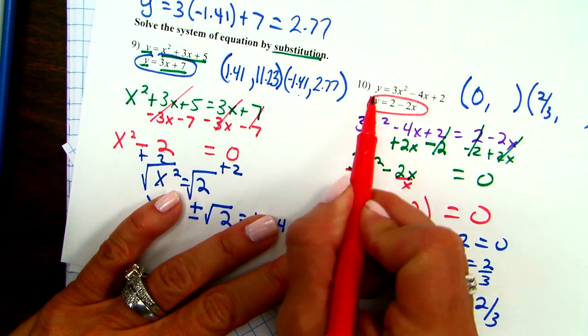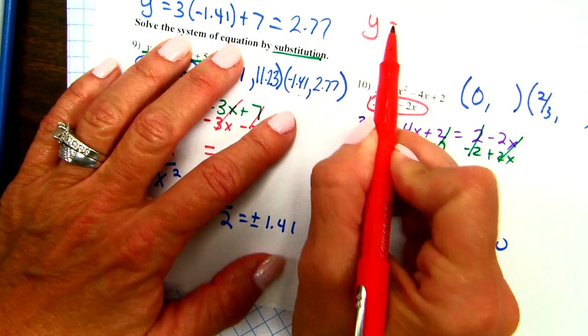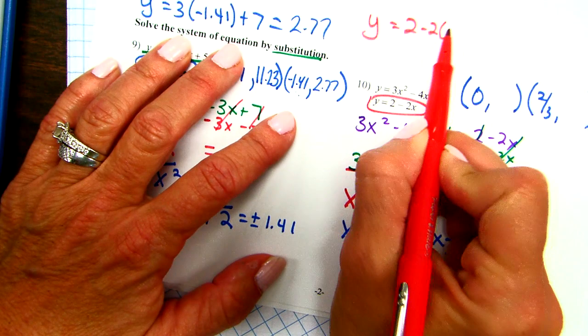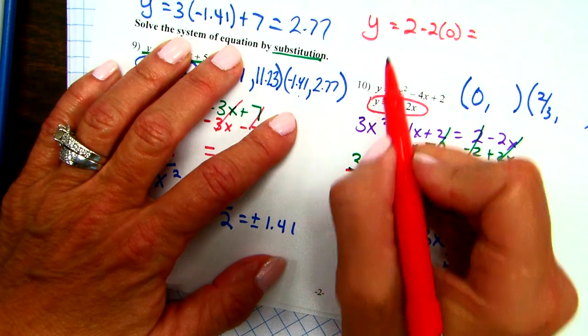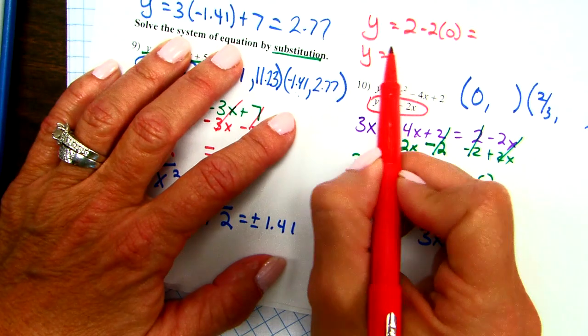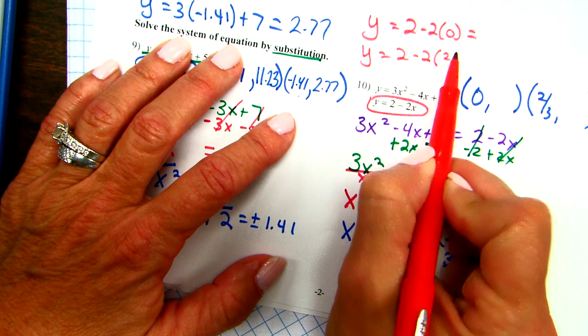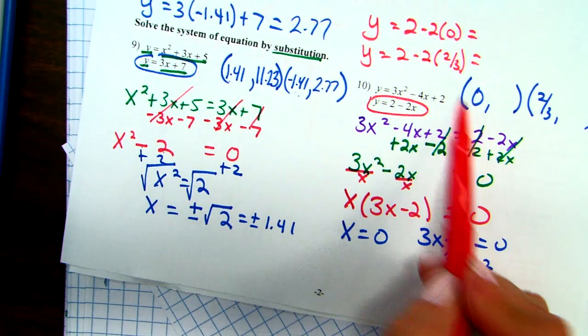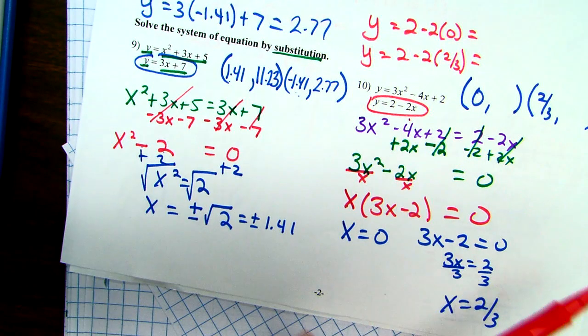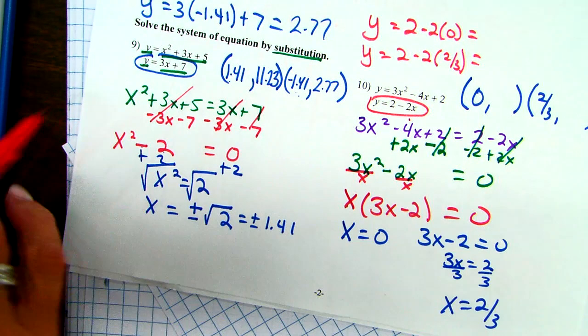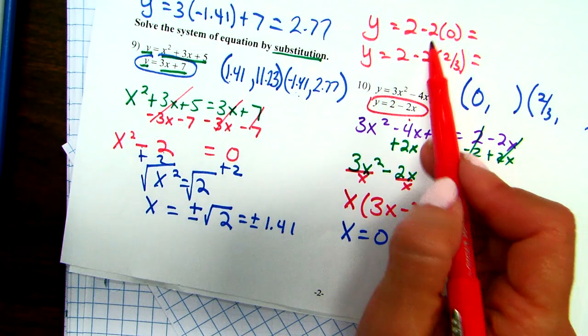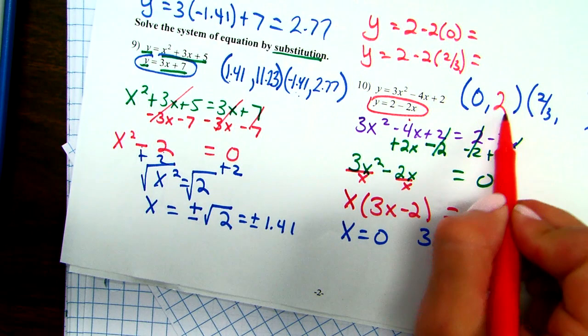I'm going to plug into this one. y equals 2 minus 2 times 0. I'm going to do that in my calculator. And y equals 2 minus 2 times 2/3. Right in my calculator. Plug in 0, plug in the 2/3. 2 minus 2 times 0. 2 minus 0, we're going to get 2.